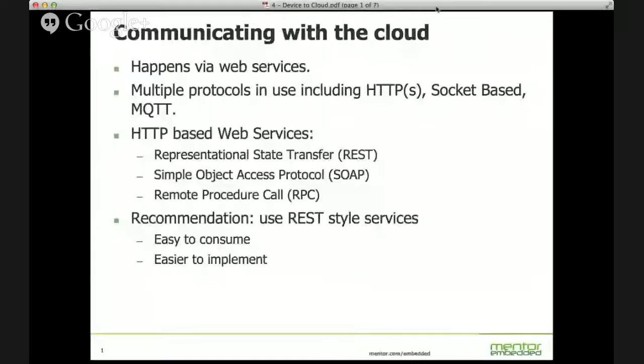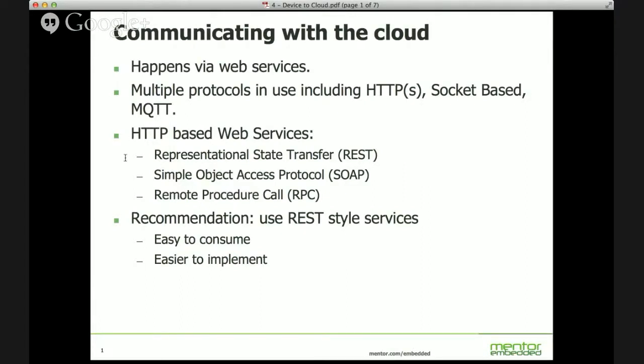On the cloud side, typically most of the communication with the cloud happens via web services. There's a bunch of protocols that are being used right now, typically HTTP, HTTPS, and also newer protocols like socket-based or MQTT. For this specific podcast, I'll just talk about HTTP. But if there are questions about the others, I can answer them offline or later.